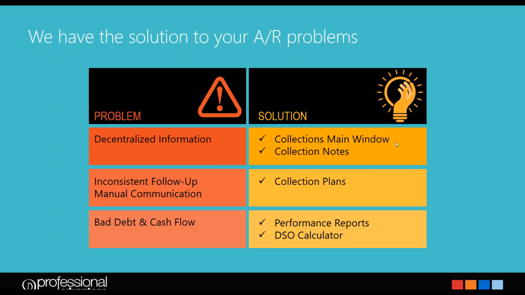So collections management adds value in number one, the collections main window. This is really going to be the command center for your product. It's great for ad hoc inquiry, and you can use this main window for tracking and creating notes, setting up follow-up tasks, and creating actions on invoices such as promises to pay, or maybe it's in dispute.